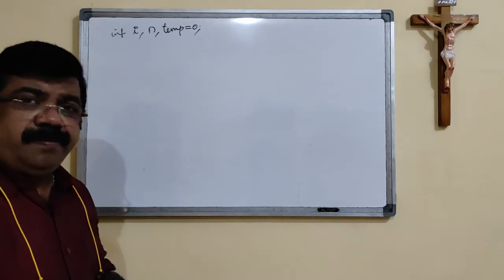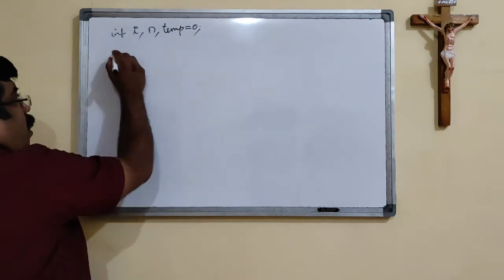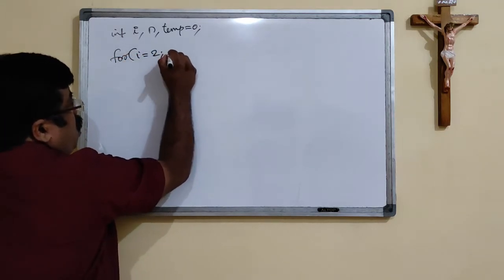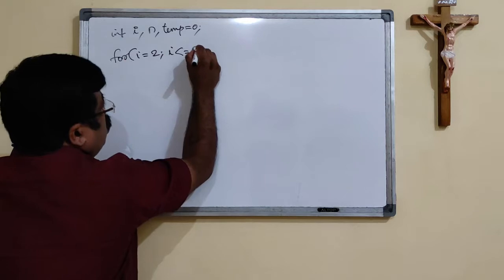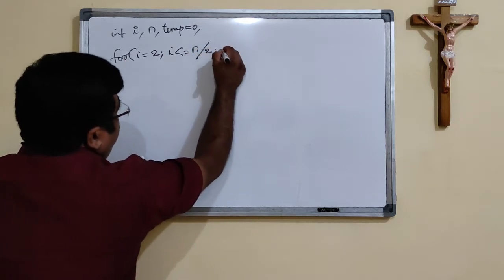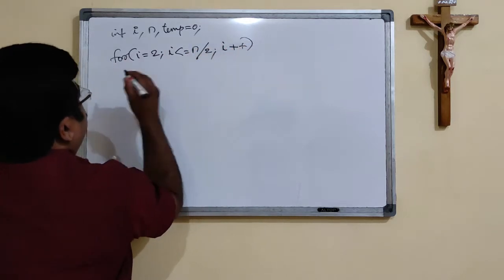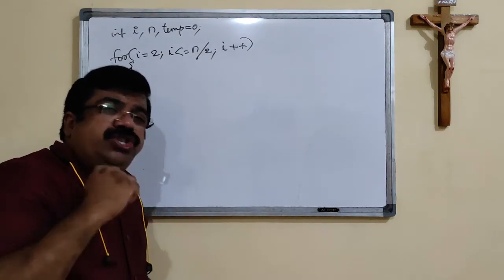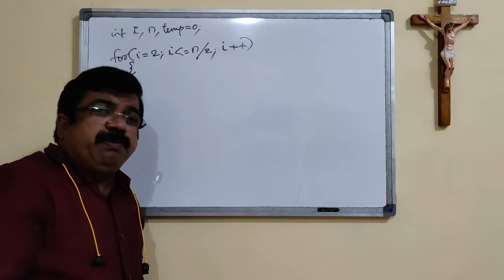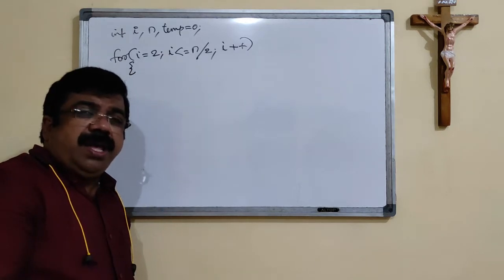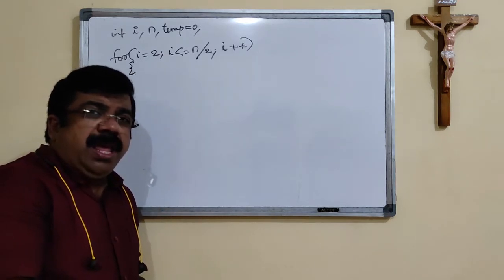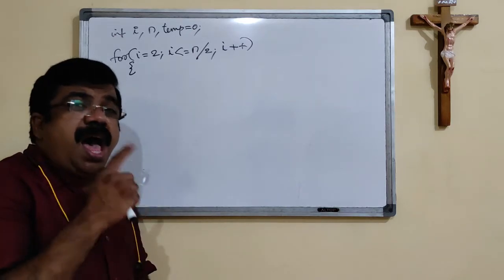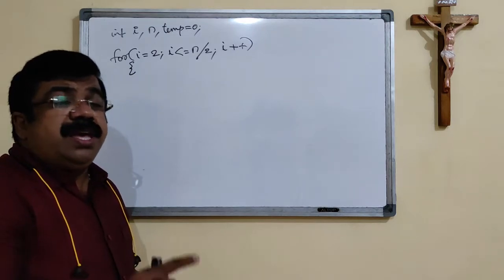Okay. Now you see, I am writing the formula: for i equal to 2, i less than or equal to n divided by 2, i plus plus. In that perfect number logic, when we had the program for the perfect number, I told you, I remember, the highest factor for any number other than the number will be half of the number.